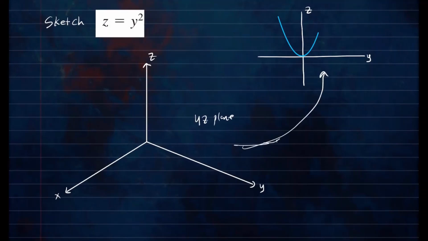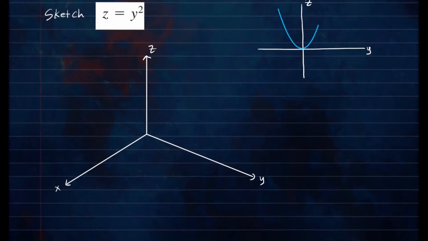So I'm going to draw that first, and then I'll show you the 3D image of that. So here's the parabola. You take this parabola and put it in xyz space. It's going to look like this. Put the parabola right there.